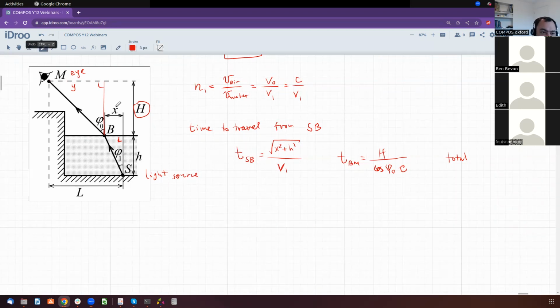So yeah, it's inescapable. It's something I wanted to avoid. We'll have to do it in terms of, oh, here it is, L, of course. Silly me. This is L minus X. This is L minus X. Apologies. So we have BM.